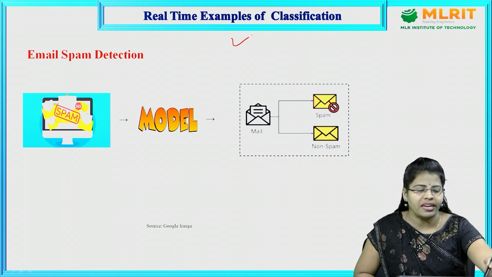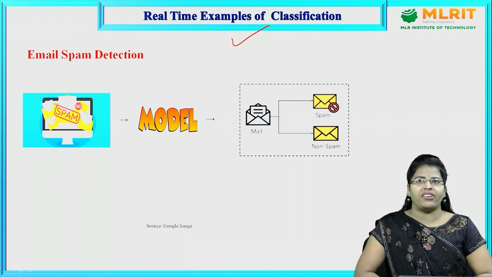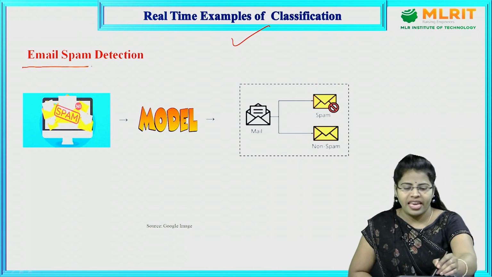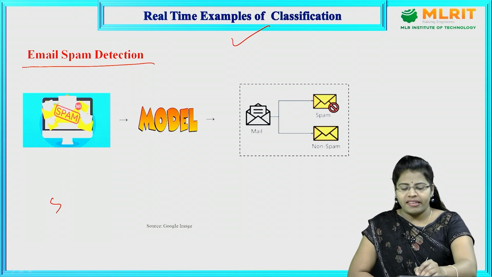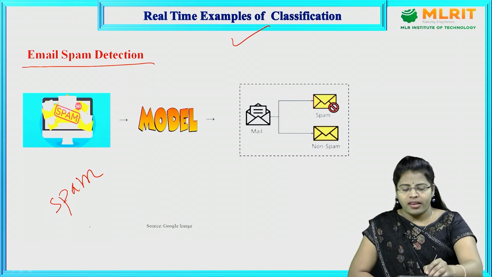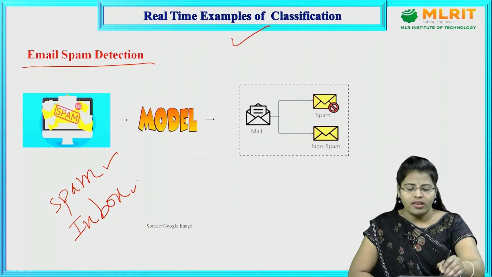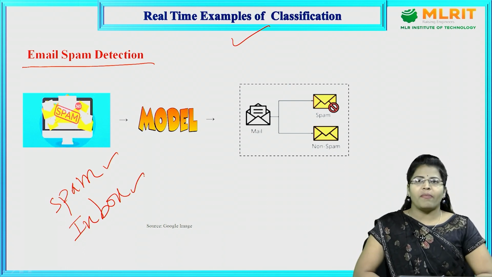Next, coming to real-time examples of classification. The first one is email spam detection. As you all know, nowadays we get unreal messages like spam mails along with genuine messages in our inbox, so we need to track the spam mails.